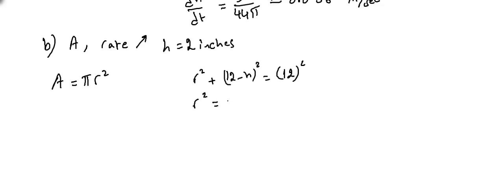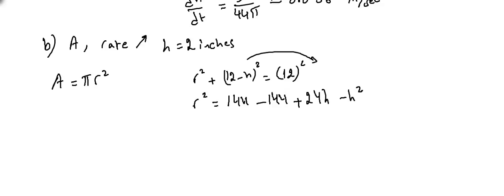So radius squared equals 144 minus, expanding, 144 minus 24h plus h squared, which means minus h squared after moving it. 144 minus 144 cancels, 0.